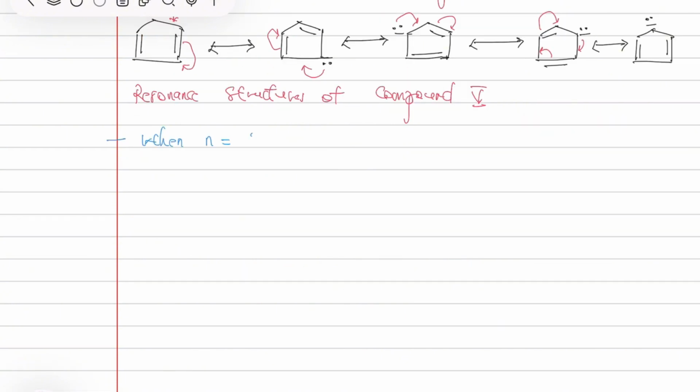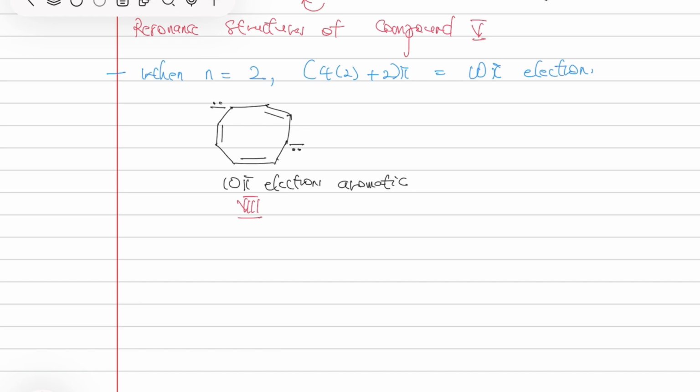When n is equal to 2, according to Huckel's rule, we are going to observe 10 pi electrons. An example can be seen in compound 8. In compound 8, the lone pair of electrons on the carbon atom is in conjugation with the pi system. That is why compound 8 is aromatic with a total number of 10 pi electrons.